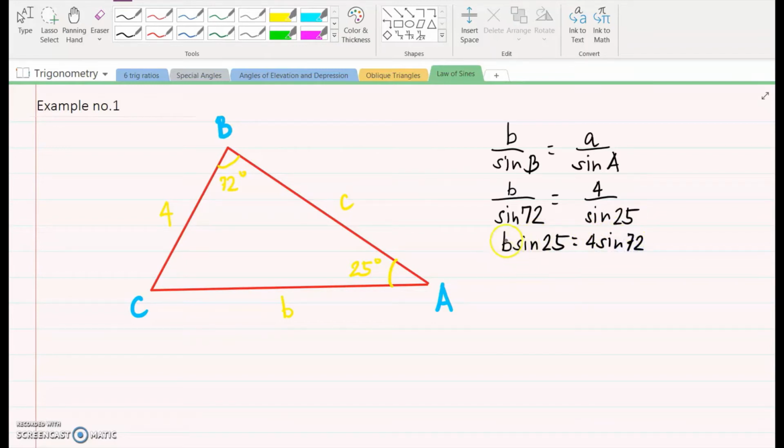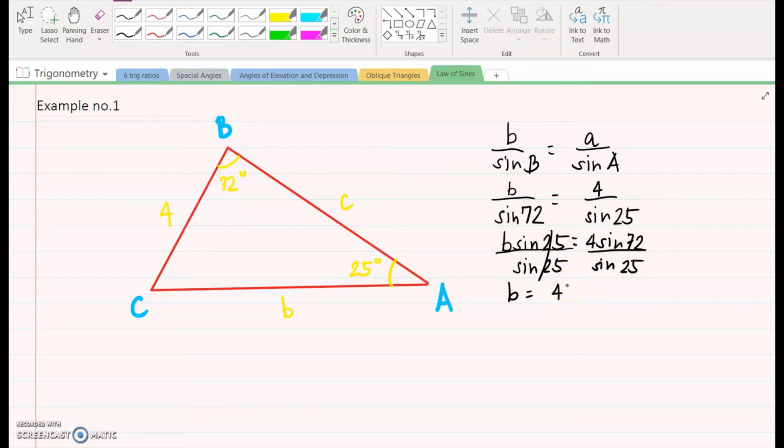Since we are looking for B, we're going to divide both sides by sine 25 so that we can cancel sine 25. What will remain on the left side is the missing side, which is side B. So we have 4 times sine 72.